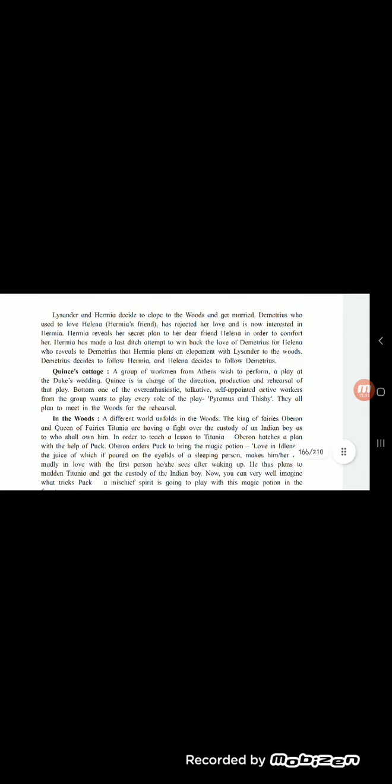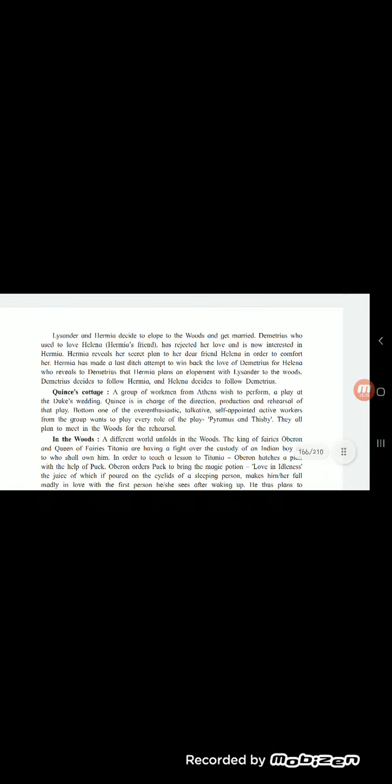Hermia's friend Helena knows about Hermia's plan. Hermia is going to elope at night. So Helena decides to tell the truth to Demetrius. Why? Because she loves Demetrius and she wants to tell him that Hermia is not the right girl for him.